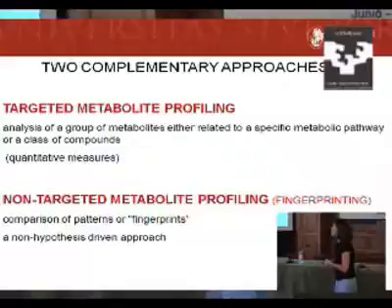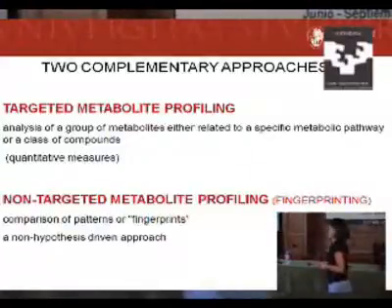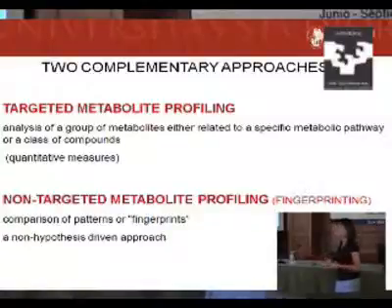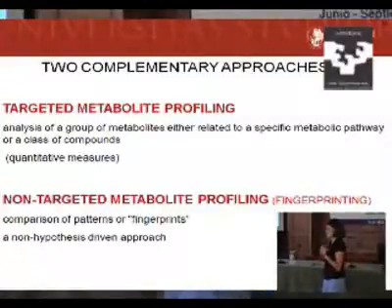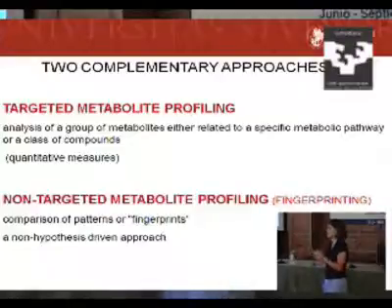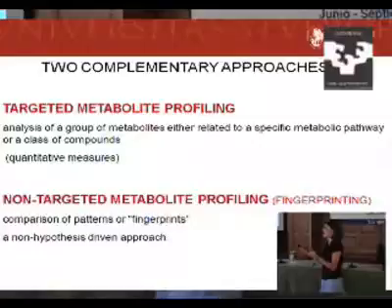But the most common and, let's say, most challenging approach is non-targeted metabolite profiling, because it's a non-hypothesis driven approach, and there you really don't know what metabolites will be important for your study, and it's a question of comparing different patterns, which are called fingerprints, because each group of subjects can have a different fingerprint.